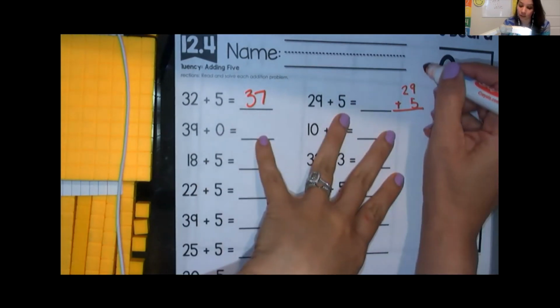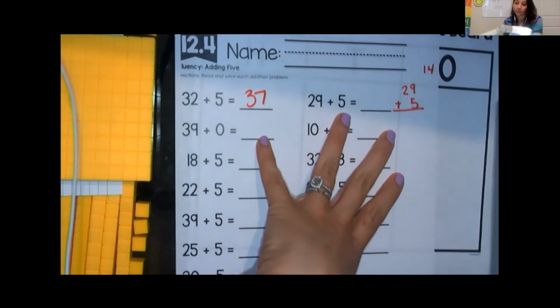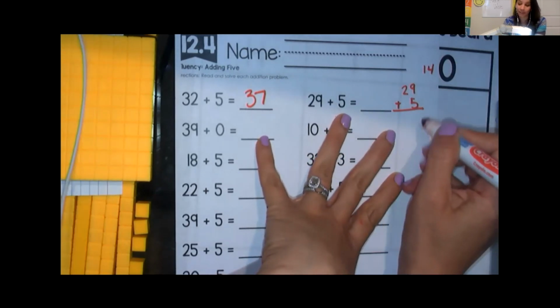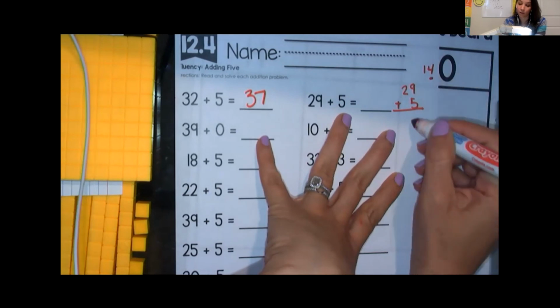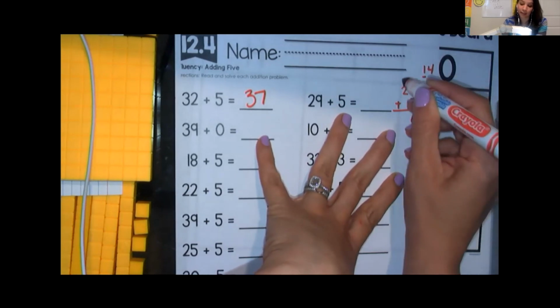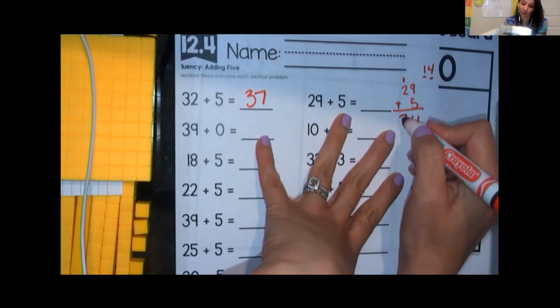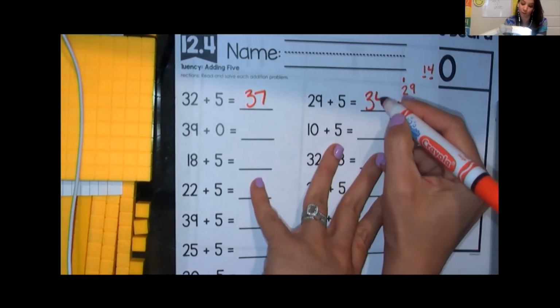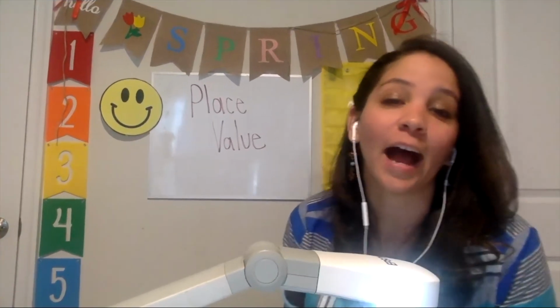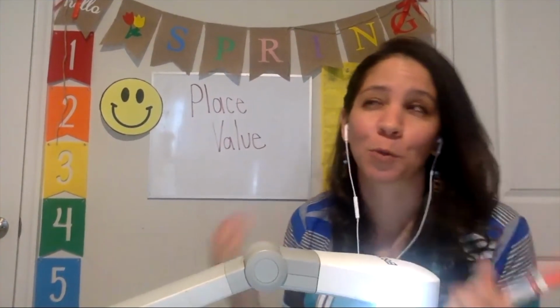It equals 14, but I can only write what's in the ones here. This is the ones. This is the 10 that gets carried over. 1 plus 2 equals 3. 34.